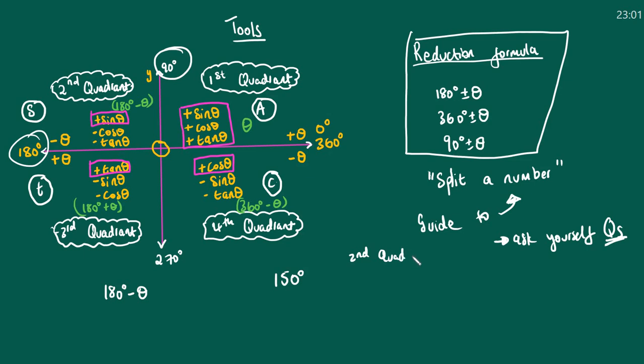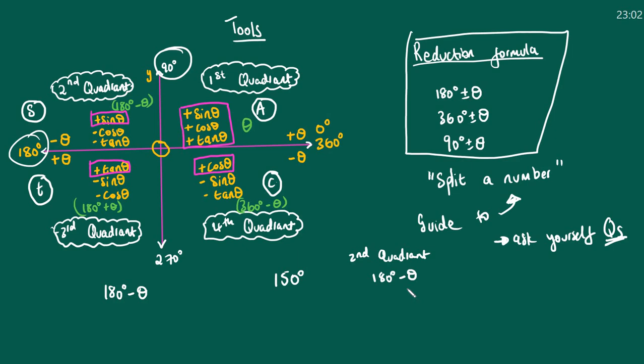Because it belongs in the second quadrant, we remember the formula in the second quadrant says 180 degrees minus theta. To reduce 150, I must say 180 degrees minus a certain angle. The question is, which angle must I subtract?